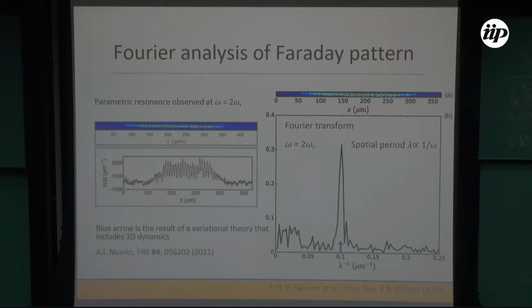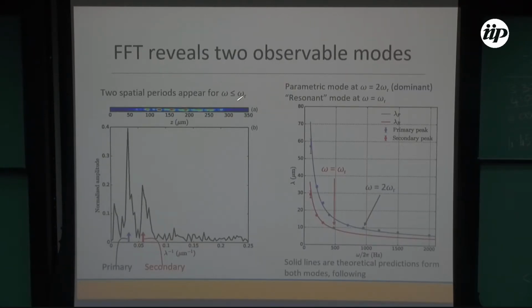So instead of just studying the parametric resonance around this range here, we decided to go on resonance and see what we could see. At this range, we started to see a second peak, which is the secondary or resonant mode, as I was saying before.